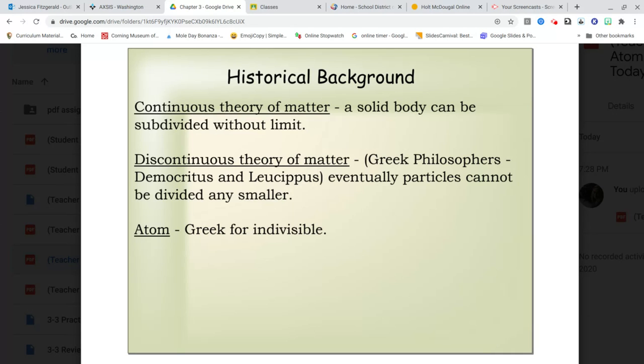You just keep cutting it in half again and again and again. Whereas with the discontinuous theory of matter, a lot of your Greek philosophers said at some point you cannot break your particles down any smaller. At one point, they said the atom was your smallest piece of matter. It wasn't made up of protons, electrons, and neutrons. The word atom actually comes from the Greek language, and it means indivisible.